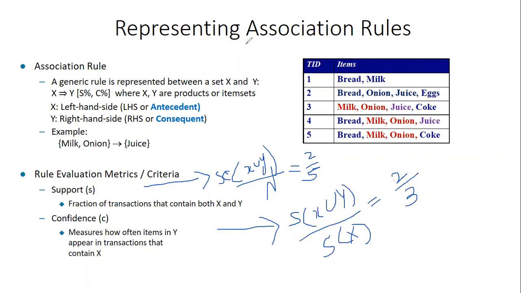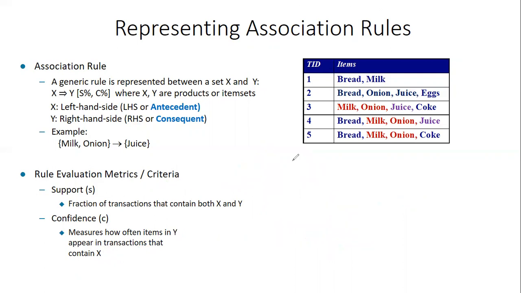Remember, support means how often X and Y go together in the data set. Confidence means how often Y is found given X. Hope you have understood this.